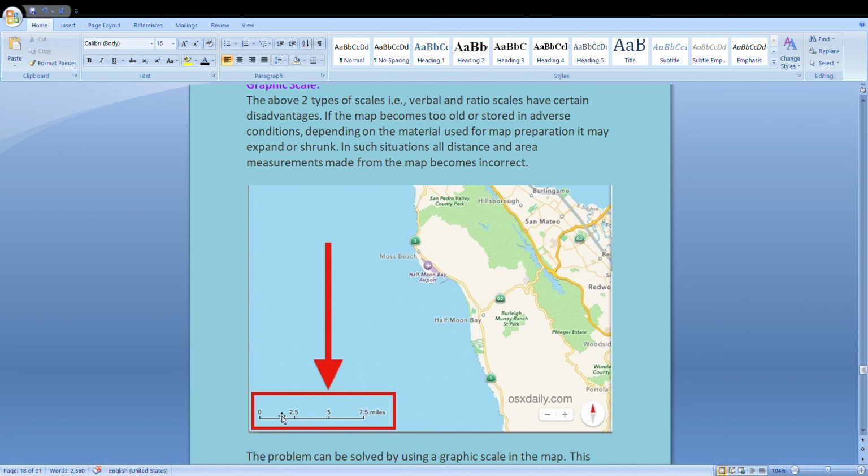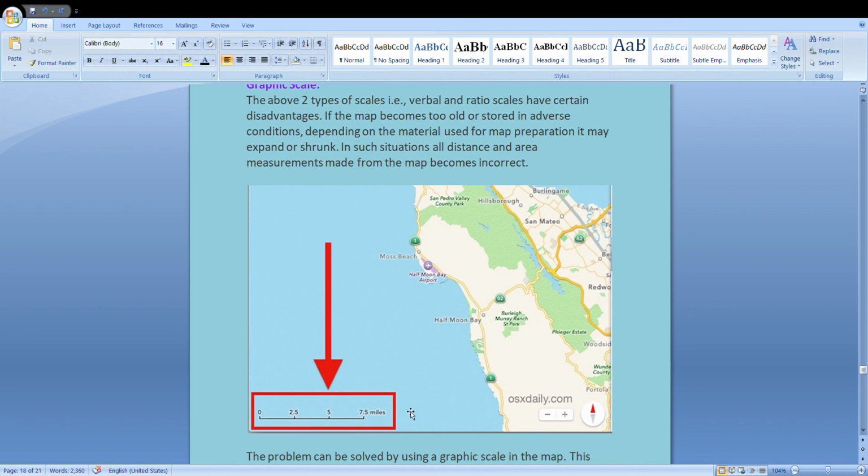The upper unit is in miles and the line is your actual scale that you use for measuring. You will keep your scale here and measure the distance between 0 and 2.5. In your actual scale, it can be 1 inch or 1 centimeter. So if it is 1 centimeter or 2 centimeters, then you will read the upper part. You will say that this particular line, whether it is 1 centimeter or 1 inch, is representing 2.5 miles.